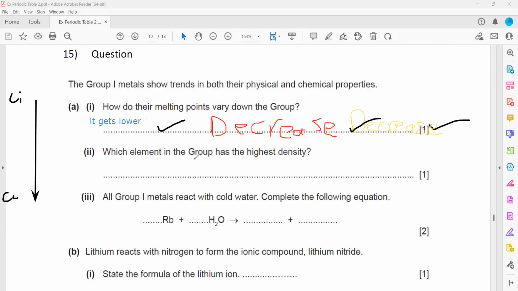Which element in the group has the highest density? As we go down, the density increases. So the correct answer is cesium, because in all the groups, as we go down, the density increases.